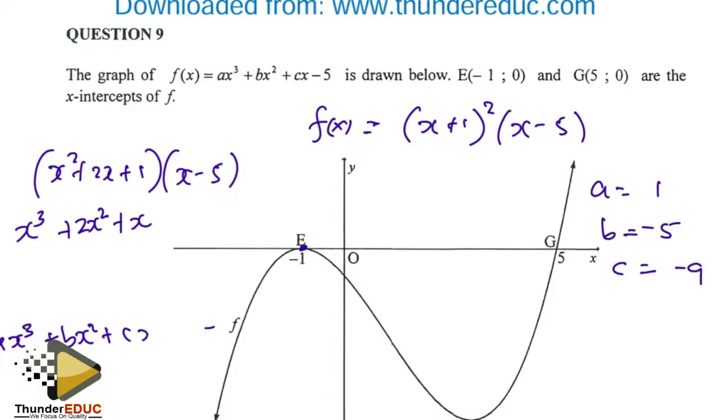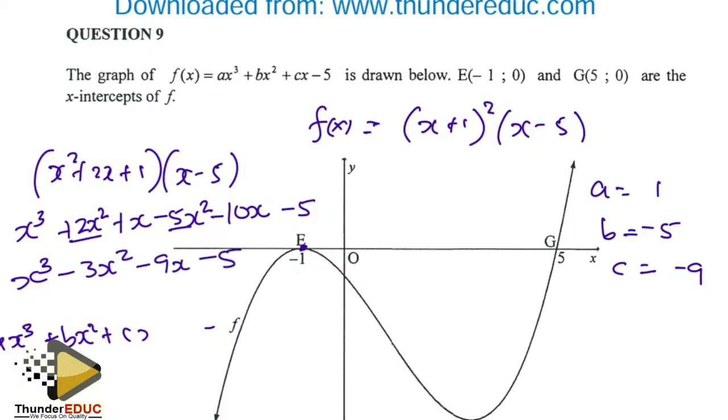Then 5, and that is minus 5x squared, minus 10x, minus 5. Okay, so it's x cubed. This and this is minus 3x squared minus 9x, then minus 5.